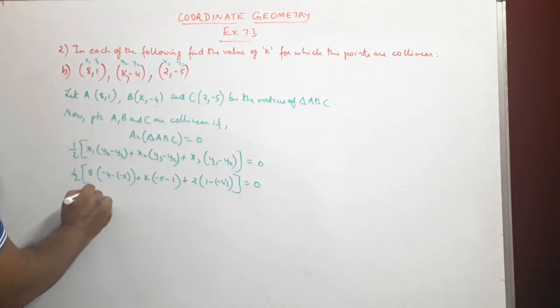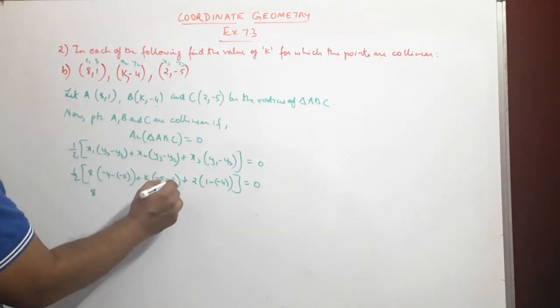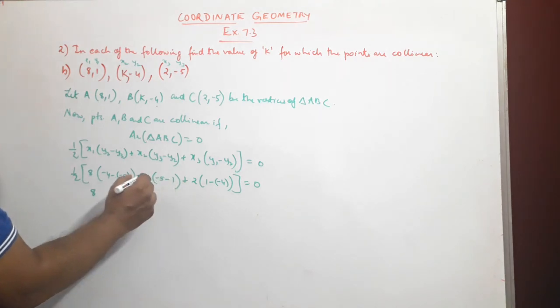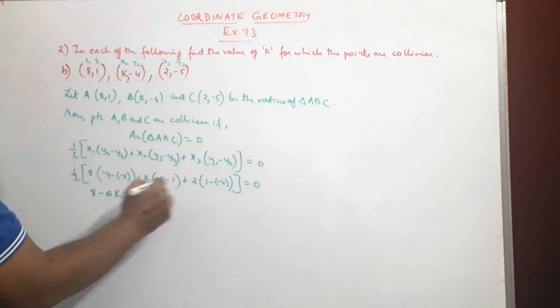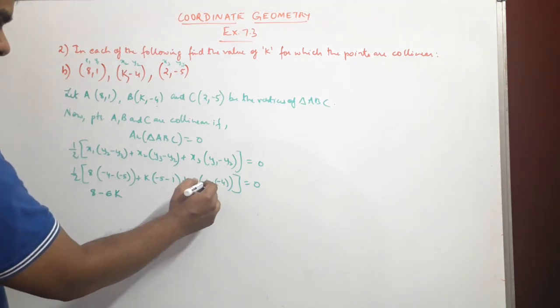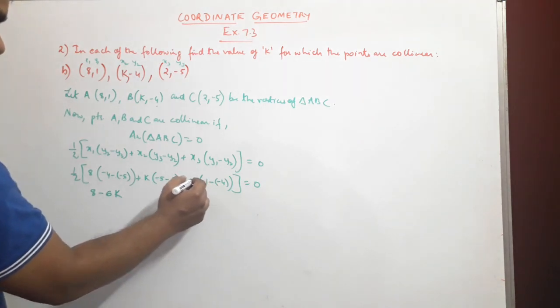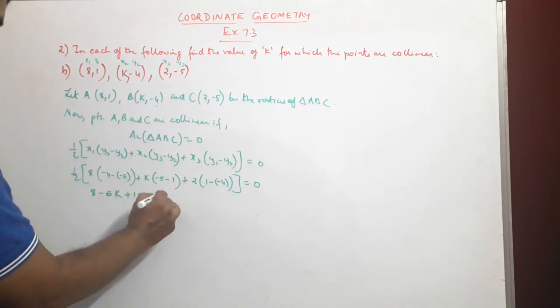So we have 8, then we have minus 5 and minus 1, that gives us minus 6. Minus 6 into positive k gives us minus 6k. Next you have minus into minus gives us positive 4 plus 1, so that is positive 5. Positive 5 into positive 2 gives us plus 10 equal to 0.